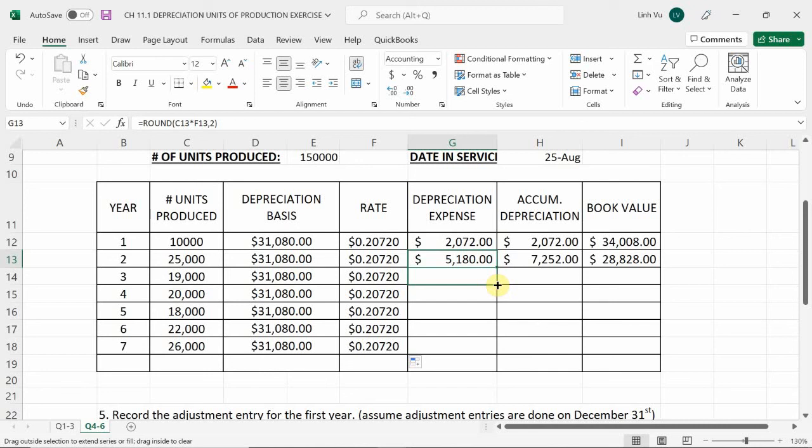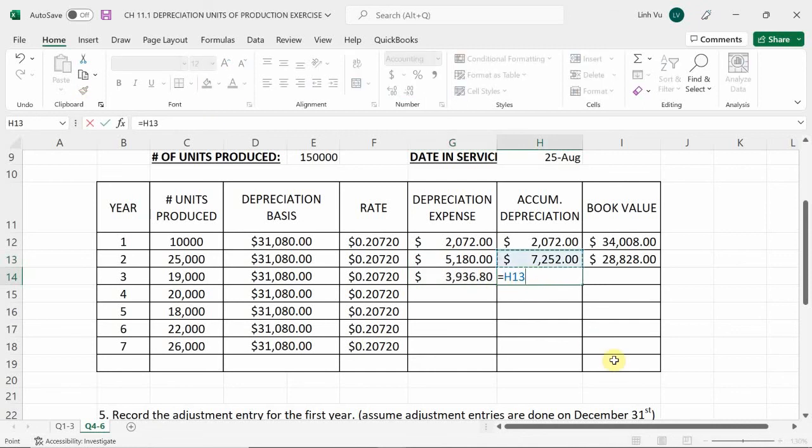Okay, I'm looking at $3,936.80. Good. So then, what's my accumulated? $11,188.80.